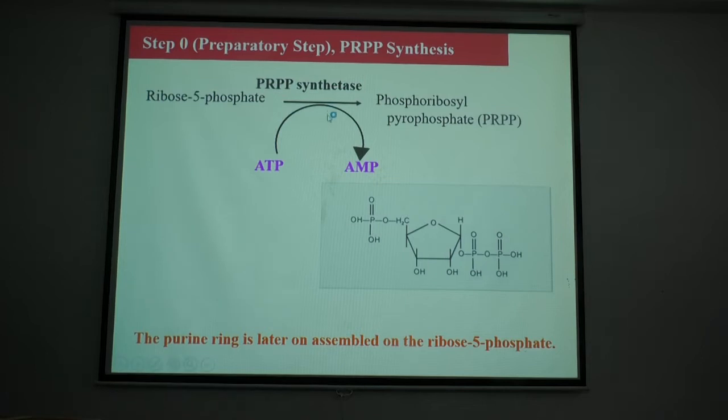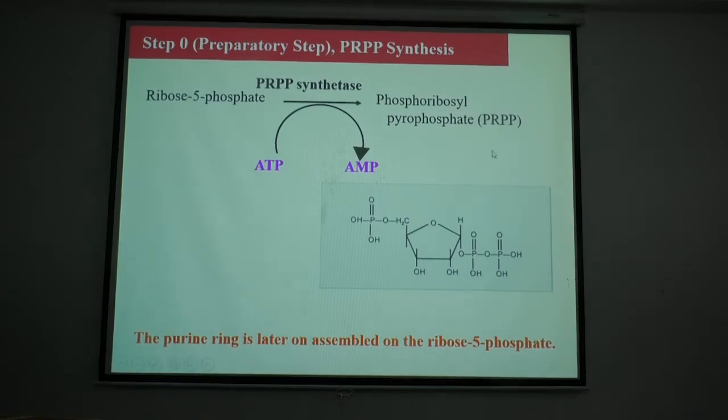This is the synthesis of PRPP. Ribose phosphate will give rise to PRPP. How? From where do we get ribose phosphate? The source of ribose phosphate is hexose phosphate.